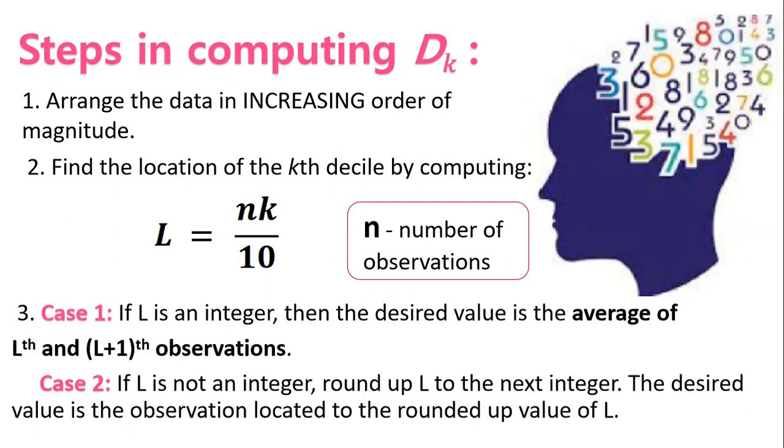Then same as percentile, we consider two cases after we compute L. If it is an integer, then we get the average of the Lth and the (L plus 1)th observation. If it is not an integer, then we round up L to the next integer. The desired value is the observation located at the rounded up value of L.